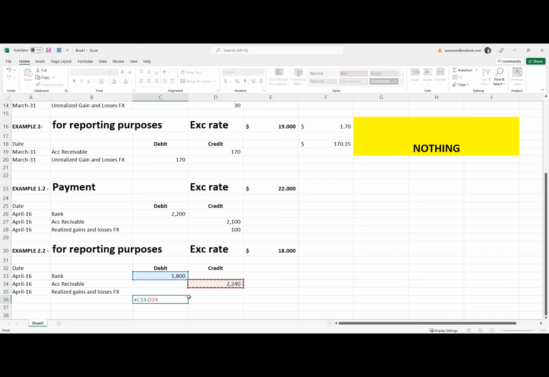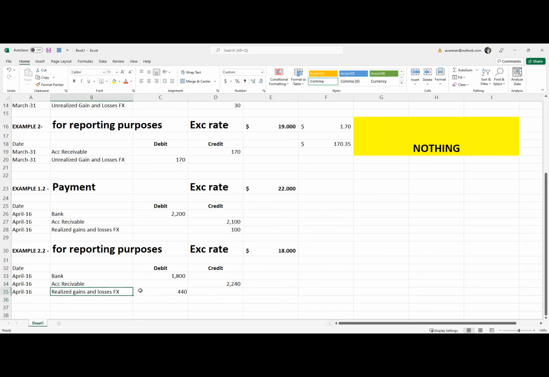These are gains or losses. Is this a gain or a loss? A loss.